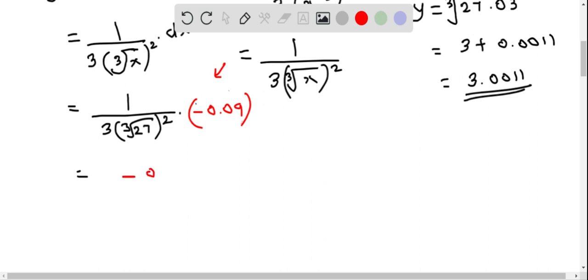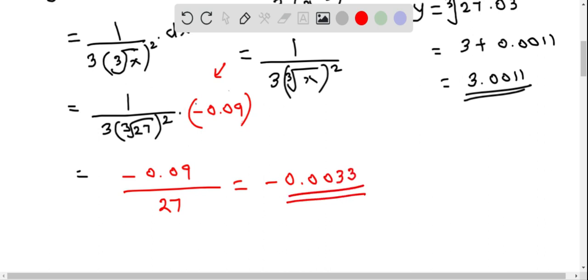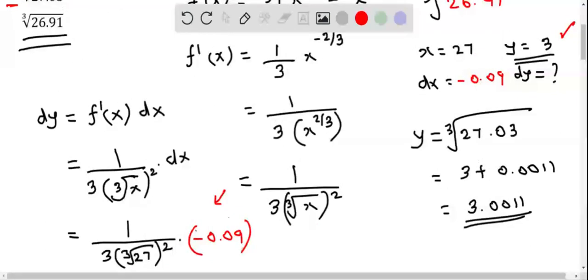So this is equal to minus 0.09 divided by 27. You can plug this into the calculator and we'll be getting minus 0.0033. So we just have to add this to the y.